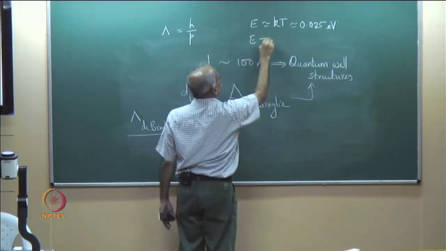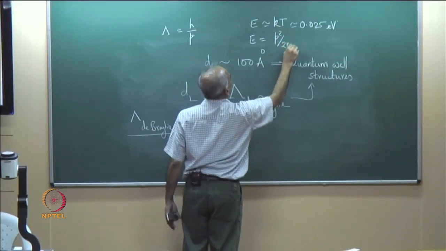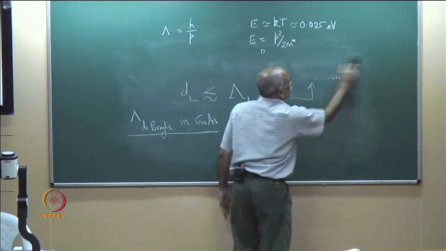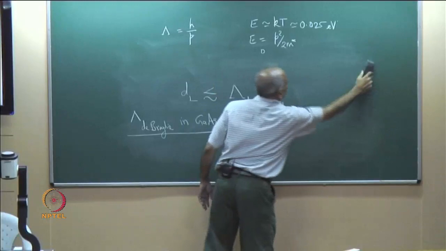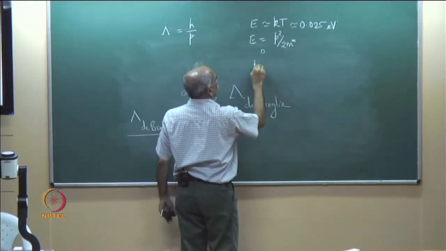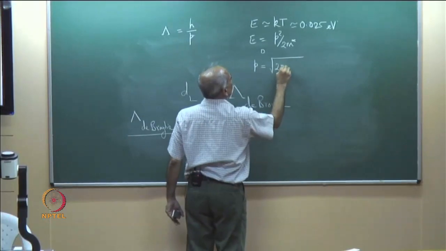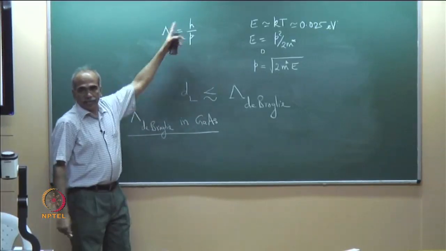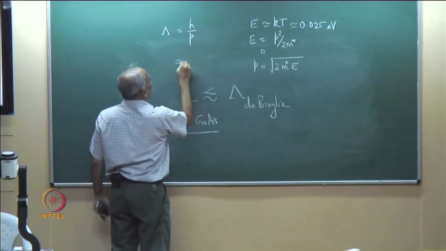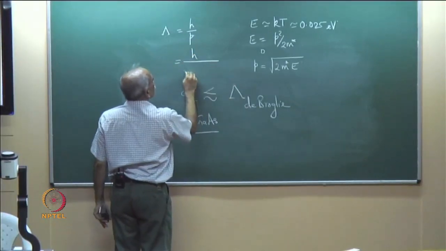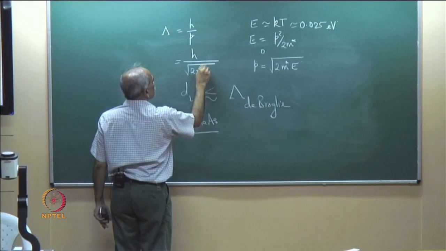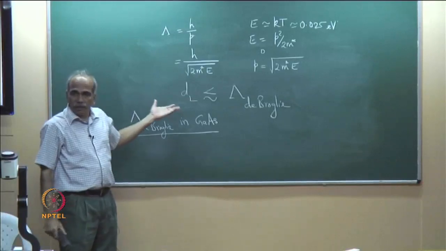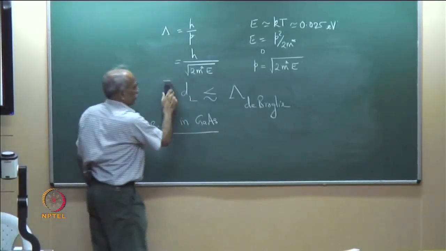E is equal to p square by 2m star, where m star is the effective mass in the medium, or p is equal to square root of 2 m star E, and lambda is equal to h by p, which is h by square root of 2 m star E. I am calculating the average de Broglie wavelength of electrons in a semiconductor.